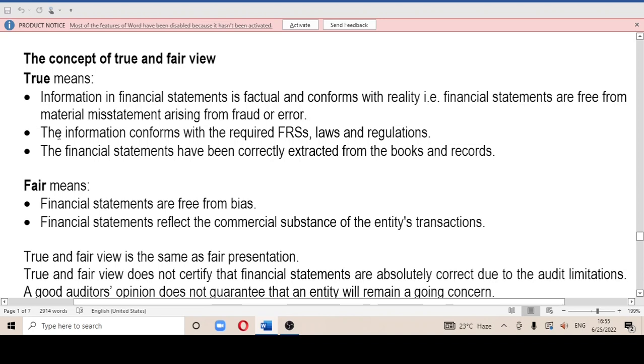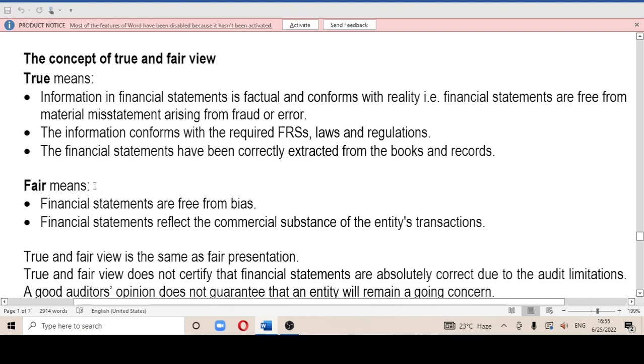And then the second one, the information conforms with the required FRSs and also the laws and regulations. Then the financial statements have been correctly extracted from the books and records. So the three move together. So make sure for information to be true, the three must exist, not one of them but all of them.